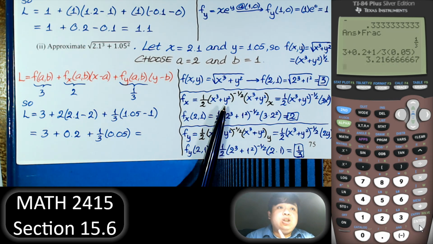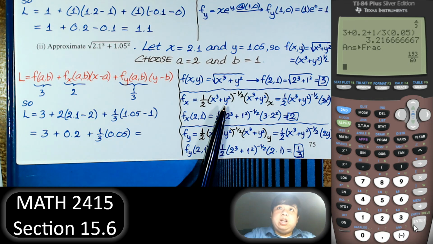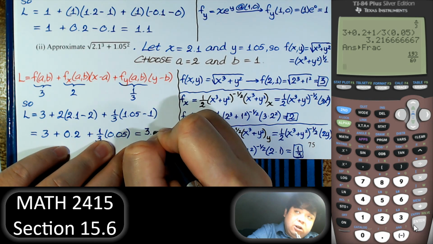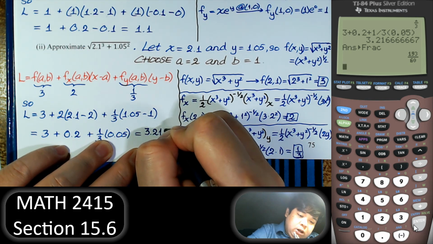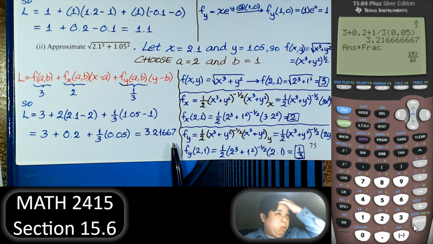We can change this to a fraction if we want to, but in the spirit of approximation, we just say this is 3.21667. Right, so that is our approximation.